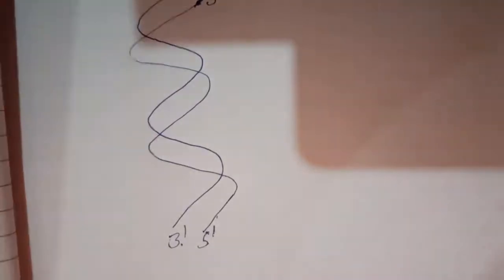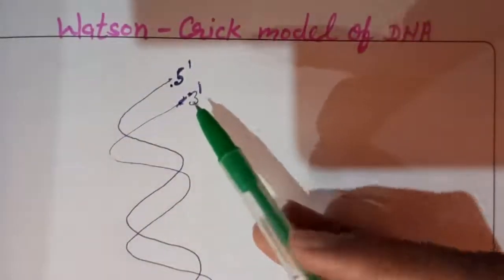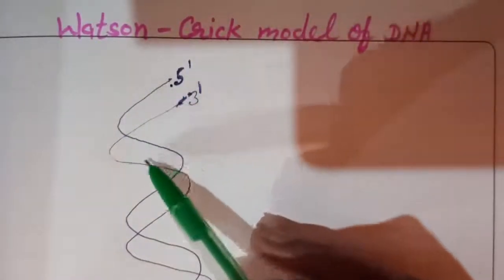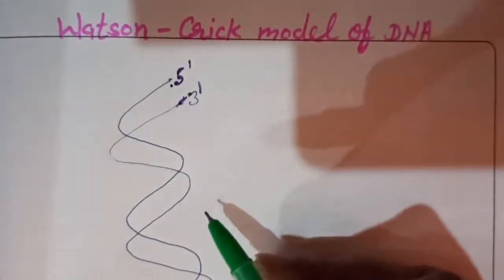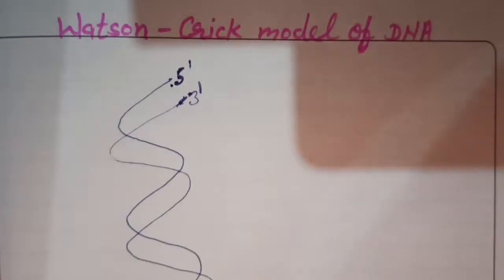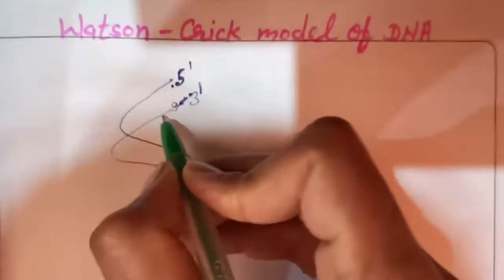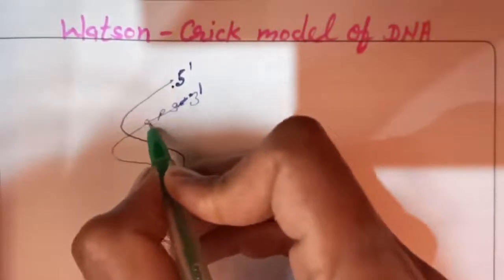So first thing that you will tell about this Watson-Crick model of DNA will be that two polynucleotide chains are present here having anti-parallel direction, right? After that, next thing is that sugar and phosphate are present on the backbone like this.